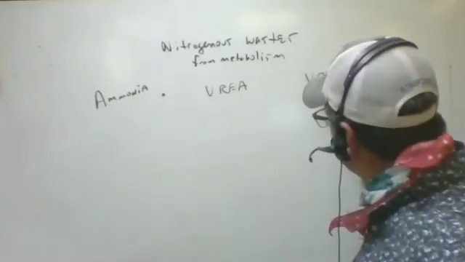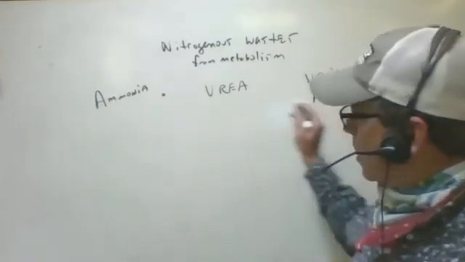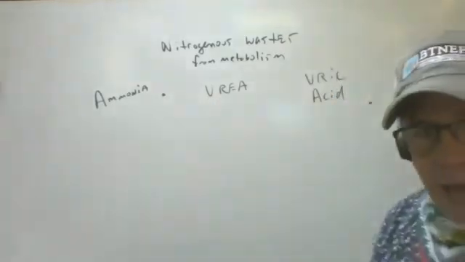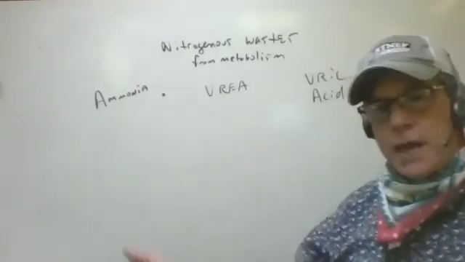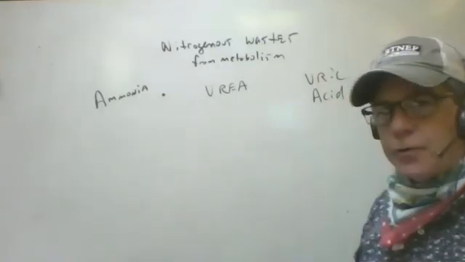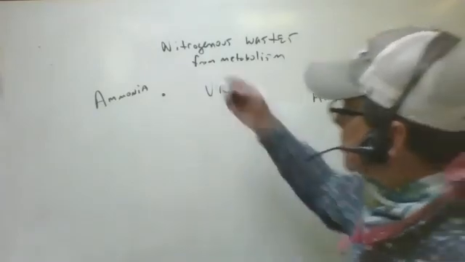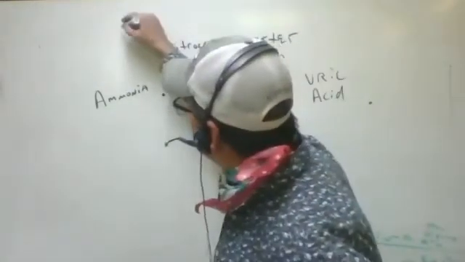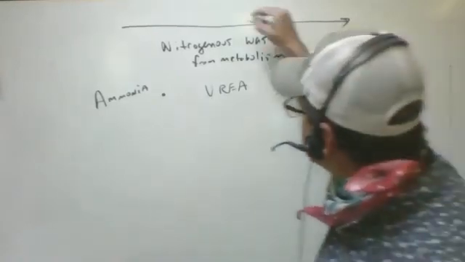Some animals get rid of their nitrogen in the form of uric acid. All of these molecules allow you to secrete, excrete, urinate nitrogenous waste, but they allow for a different amount of water conservation. Okay, so in this list that I just gave you, you conserve more water in this direction.